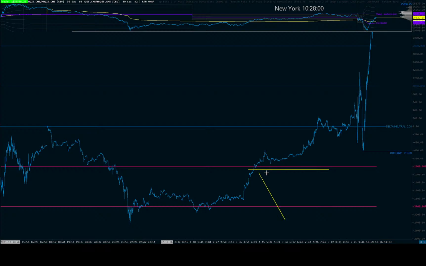On one hand, it's almost nice to see where the delta opens up in relation to the overall session. I do think that's valuable, because if it opens lower and it sells off, that's telling you something, right? There's been aggressive selling all morning.